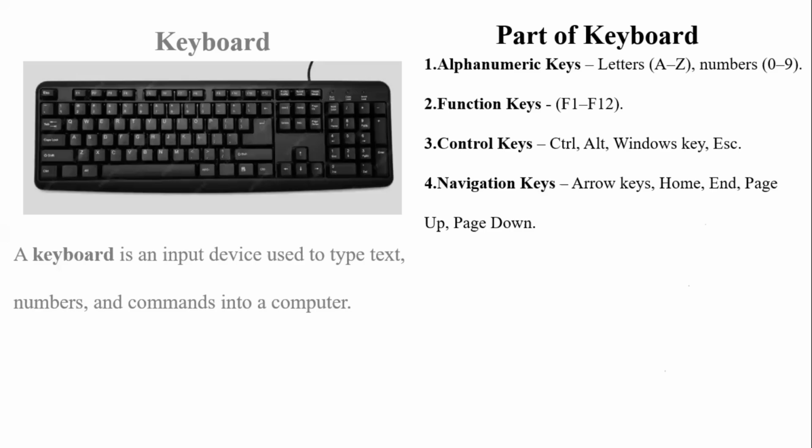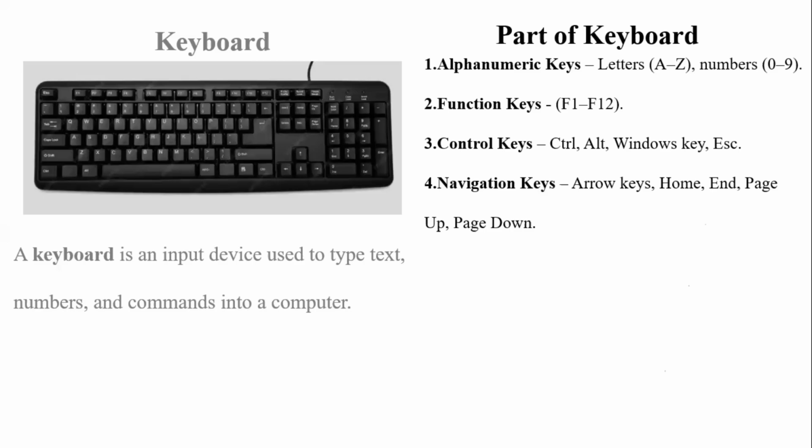For example, these arrow keys: you see an arrow showing up, showing down, showing left, and showing right. The one showing up is if you want to go up, the one showing down is if you want to go down, maybe you want to navigate from the top to the bottom of your document. The one going left is when you are going left, the one going right is when you are going right.